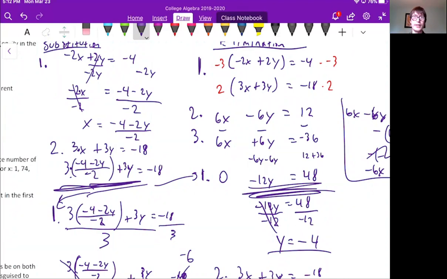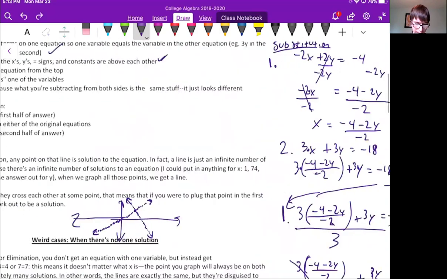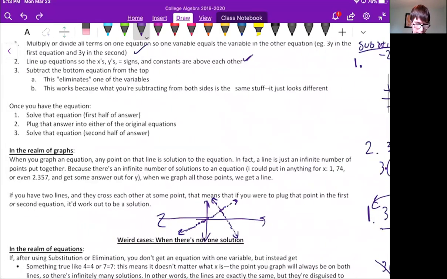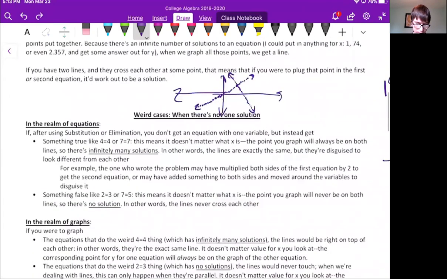It doesn't matter what you put in for x, it doesn't matter what you put in for y. There's going to be no solution. So if this was like 3 equals 4, then there would be no solution. Okay, that's just a quick point to put in there.